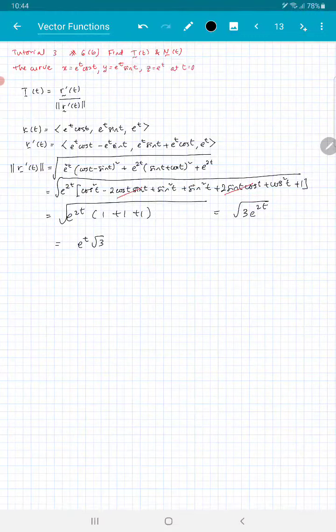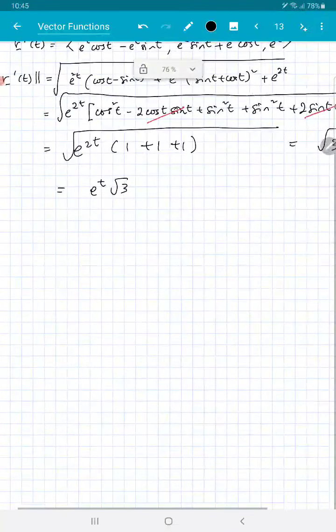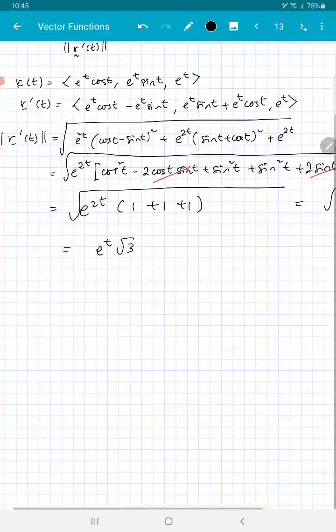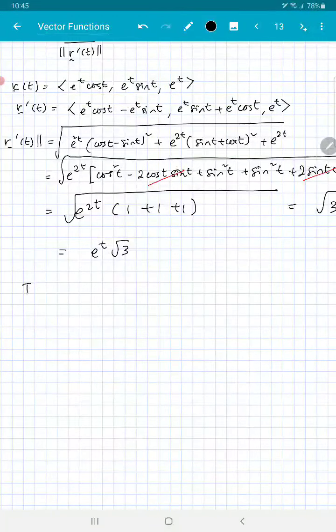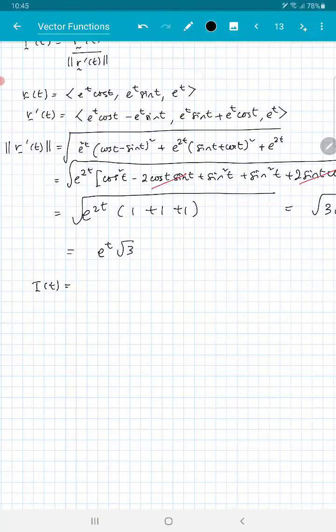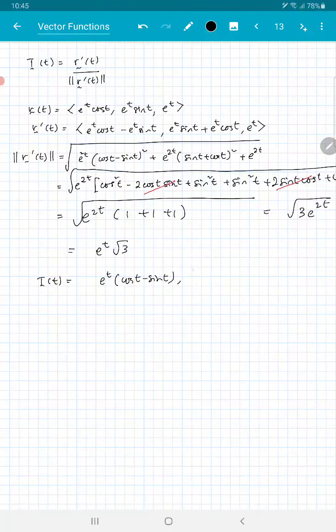Now we can get the unit tangent vector T, which is r prime divided by its magnitude. The r prime gives us e^t (cos t minus sin t) for the x component, e^t (sin t plus cos t) for the y component, and e^t for the z component.